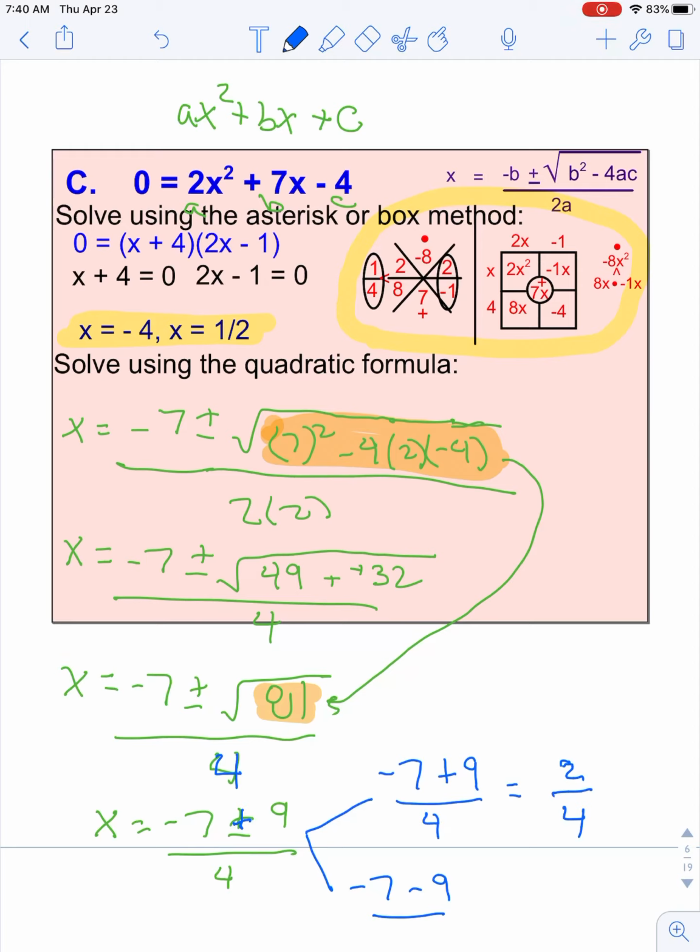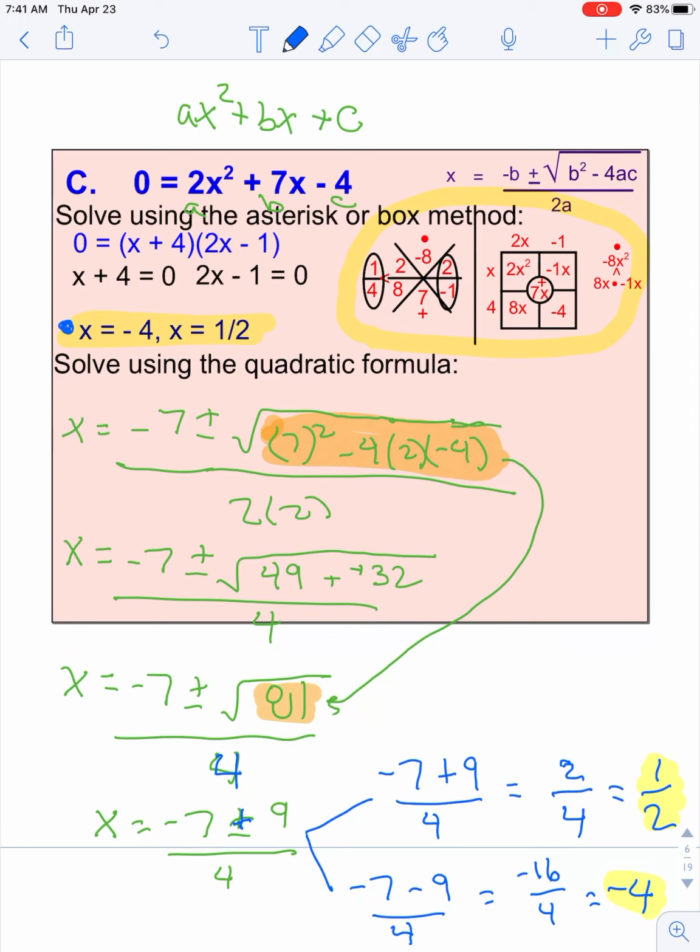Again, there's lots of moving parts here, so it's very easy to make a simple mistake. So 2 over 4 is 1/2. Now I come up here and I get negative 16 over 4, which is negative 4. And if we go back up to our answers, they match the 1/2 and the negative 4 that we already had up here.